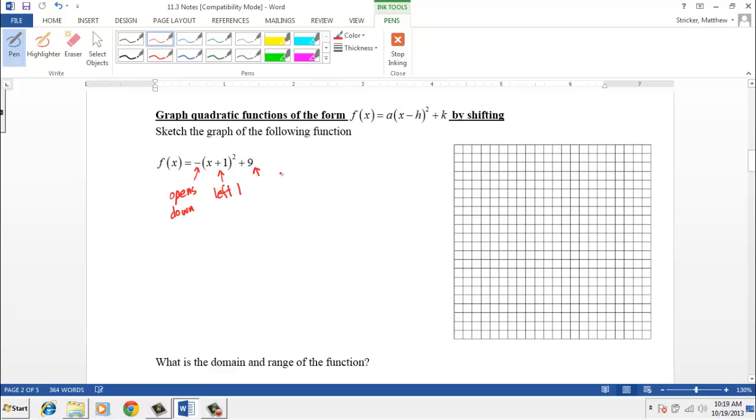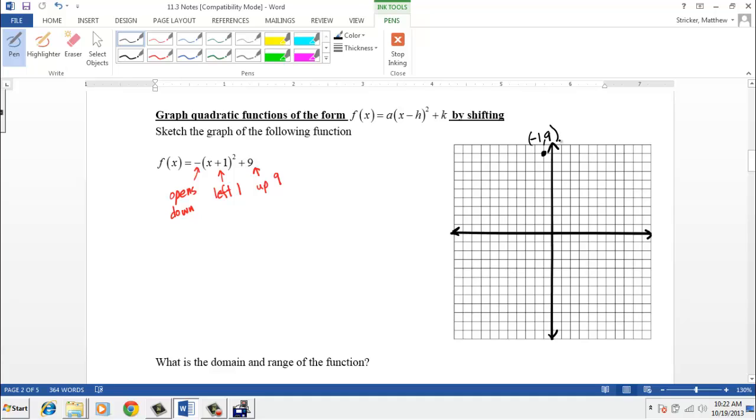And then lastly, the plus 9 here means there's a shift up by 9. Alright, so if we know it shifts left 1 and up 9 from starting at 0, we know that makes the vertex right here. We go left 1 and we go up 1, 2, 3, 4, 5, 6, 7, 8, 9, which puts the vertex at the point negative 1, 9.